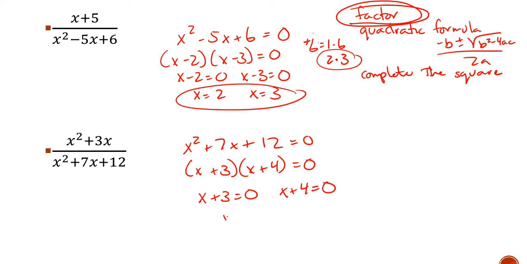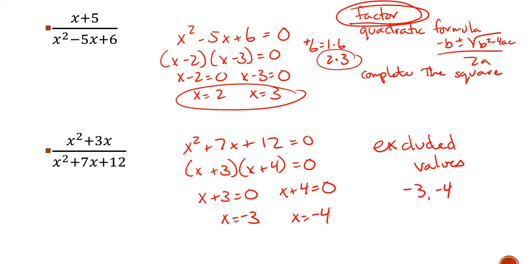So x plus 3, x plus 4, so negative 3 and negative 4 are my excluded values. And I cannot use either of those when evaluating this rational expression.